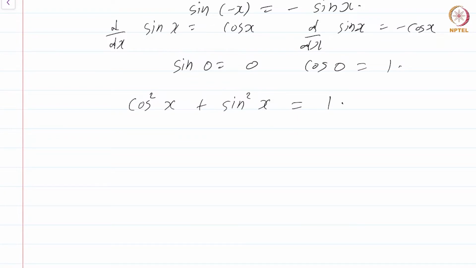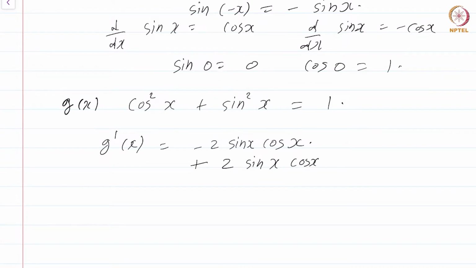So differentiating this expression cos squared x plus sine squared x, which we call a function g of x, we get that g prime of x is, derivative of cos squared is minus 2 sine x cos x, plus derivative of sine squared, so you get plus 2 sine x cos x, which is 0.